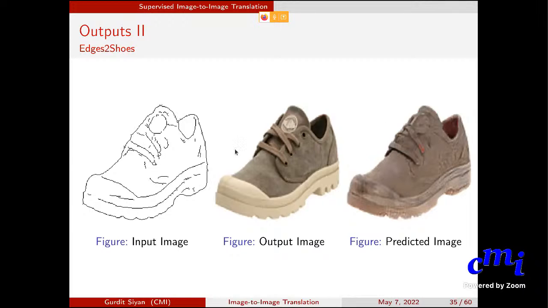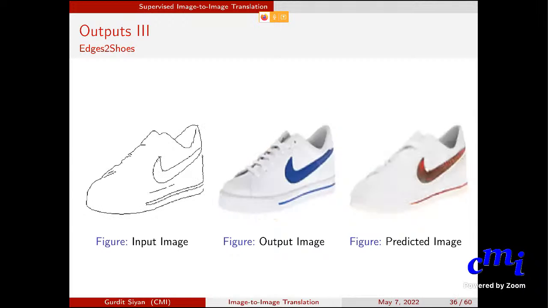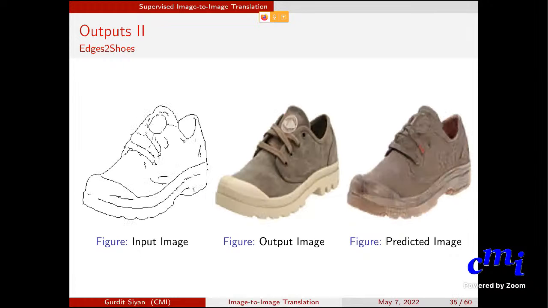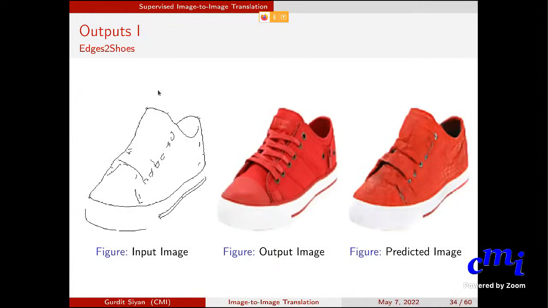How does it know which colors to put in? Actually, in the first image it seemed very good, but that's just a coincidence.